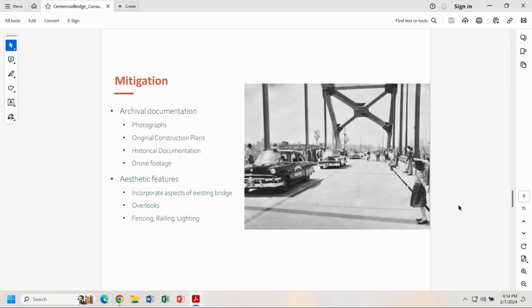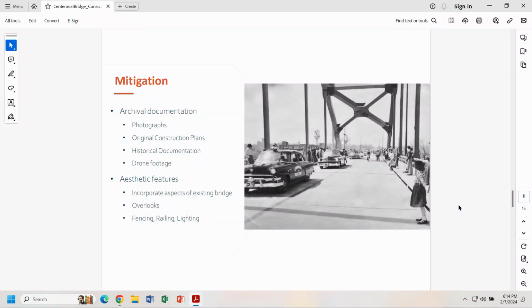This is a pretty standard, common practice when you do have an adverse effect to a historic resource. And it involves, as the name suggests, collecting all of the documentation about the bridge. So photographs, as you can see, we've got one here from the original opening that the Historical Society provided to us. It's gathering the original construction plans and the as-builts of the existing bridge.